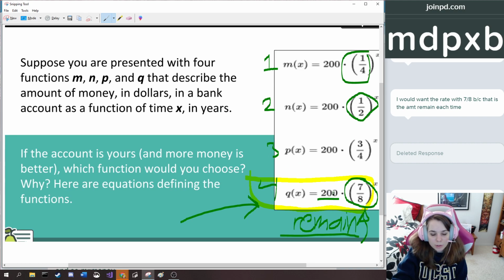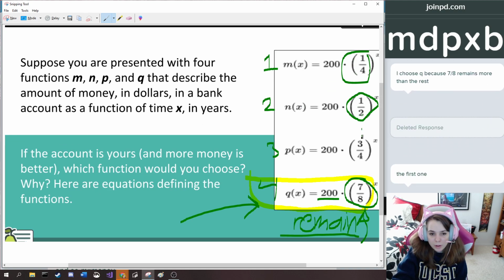Because we start out with 200, I want a lot of my money remaining each week. I do not want my money remaining to be a small amount. So 4 would be the best, so I have the most fraction of my money remaining over time. So let's take a look at some graphs.